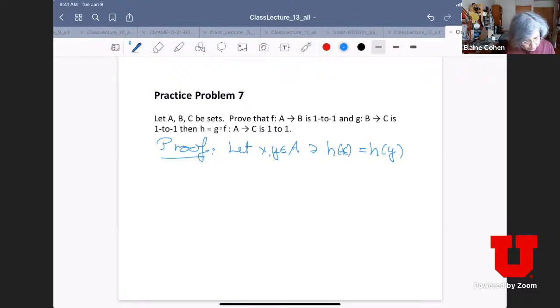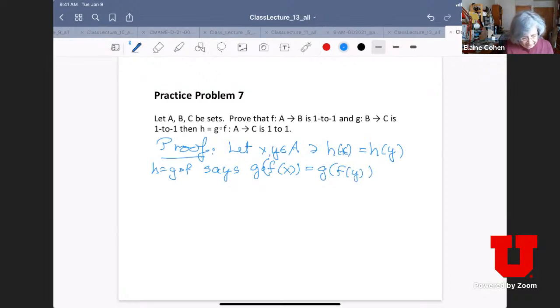Okay, then let's look and see what we know. Well, that says h is equal to g of f, so g of f, let me write it this way, of x is equal to g of f of y.